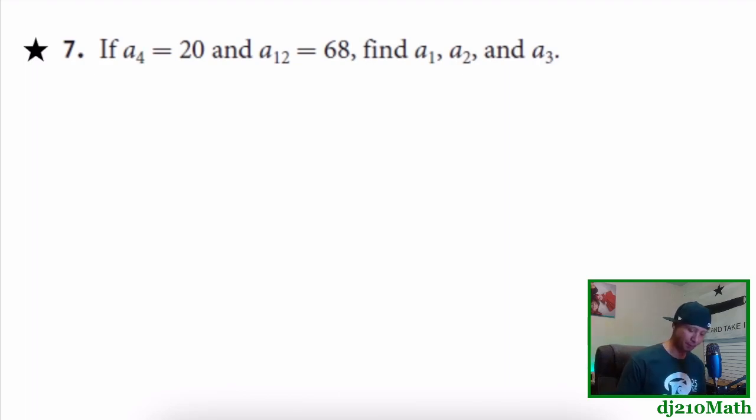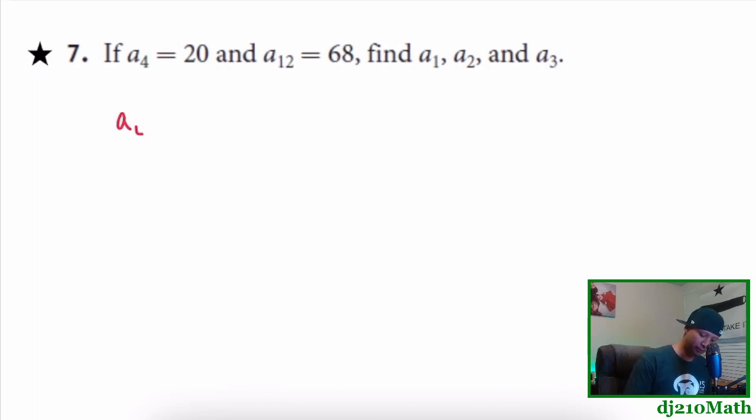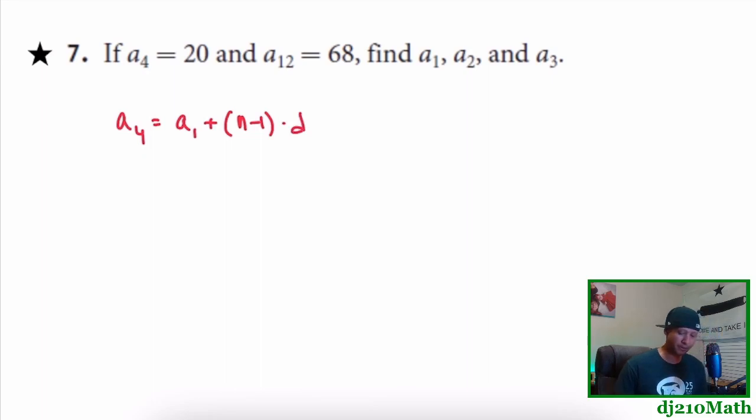We know that a sub 4 is going to be equal to a sub 1 plus n minus 1 times the common difference. So n we know is 4. But we don't quite know what a sub 1 is.